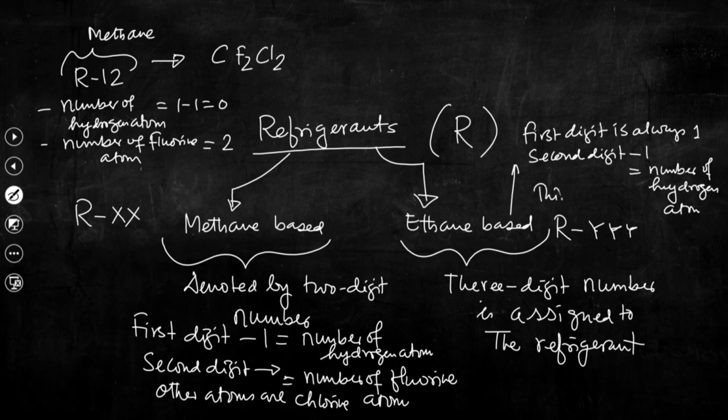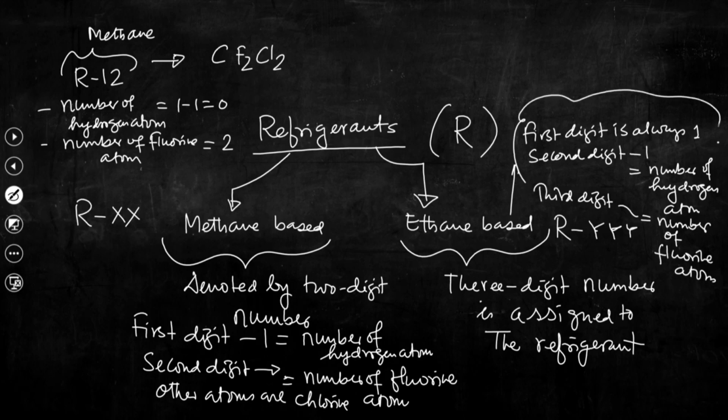Third digit equal to number of fluorine atoms. And remaining atoms are chlorine. So, for example, if we take one common example, that is R113 or R134.